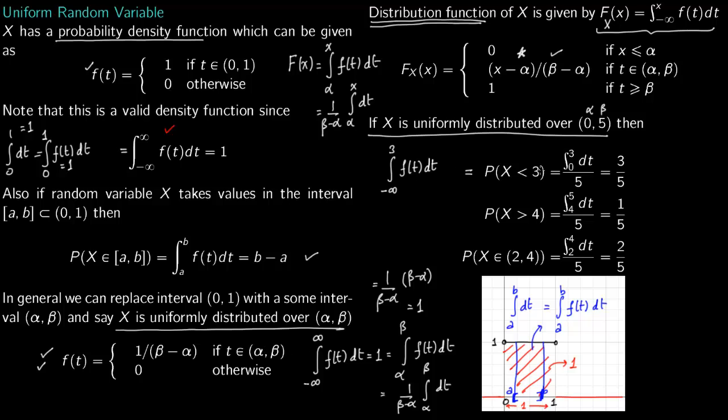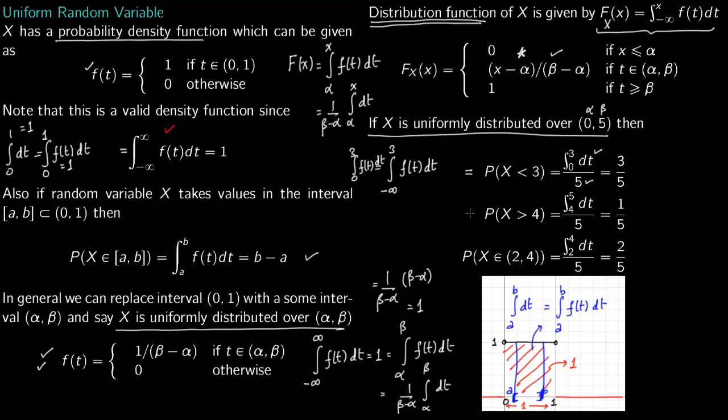So we are not worried about 3 to 5 because we are talking about less than 3. And anyway f of t is 0 below this 0. So this is the same as integral from 0 to 3 f of t dt. So what is f of t? F of t is 1 over beta minus alpha. So this is what comes down, and we are just left with 0 to 3 dt.